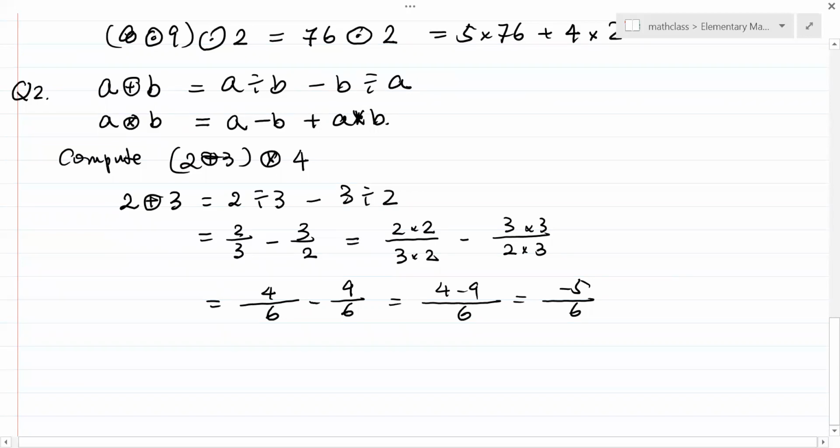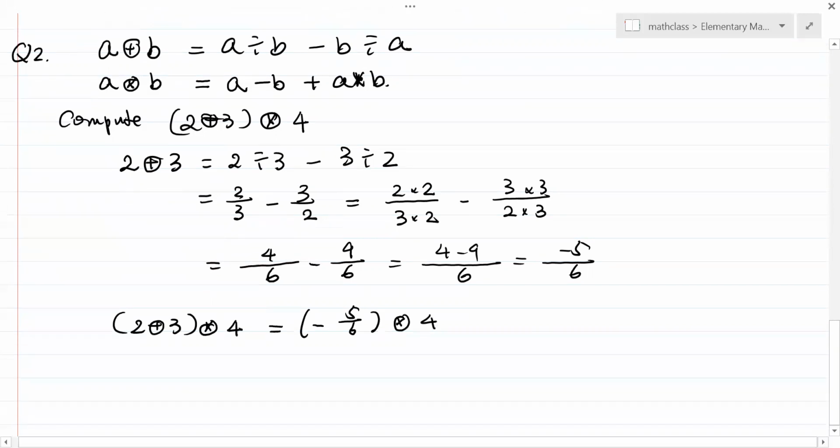But let's use this number. So that is going to be negative 5 over 6 circle-times 4. Let's look at the above identity.